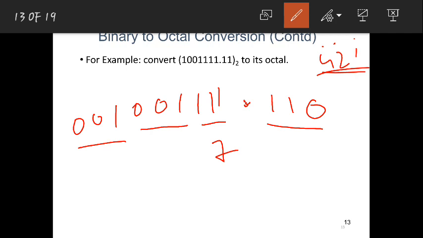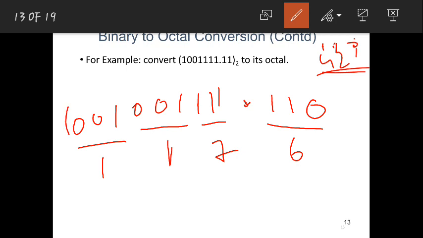Next, 0 0 1 is the value for 1. Is that fine? Next, this is 0 0 1, this is also 1. Next, coming to 1 1 0, that means 4 plus 2, that is 6.